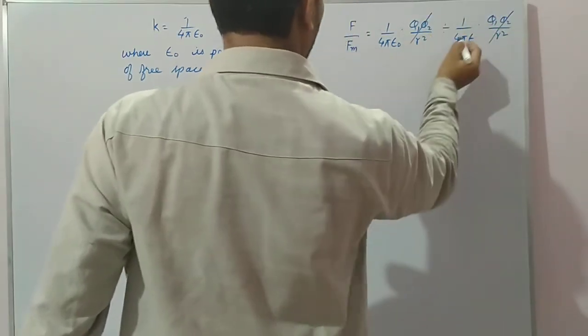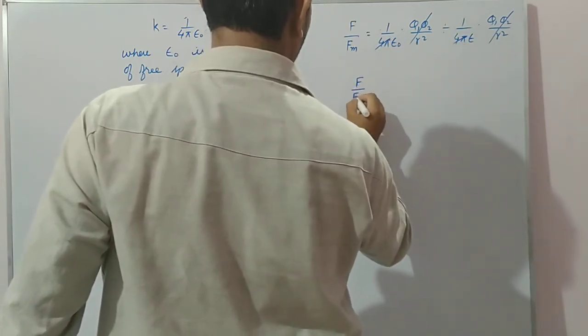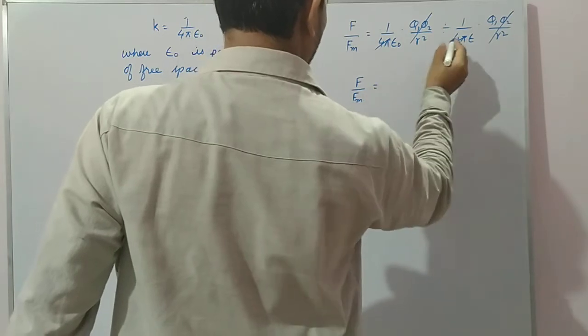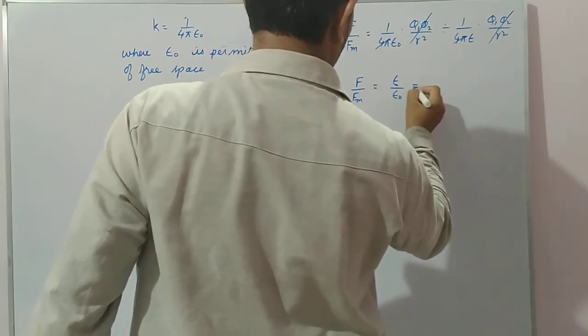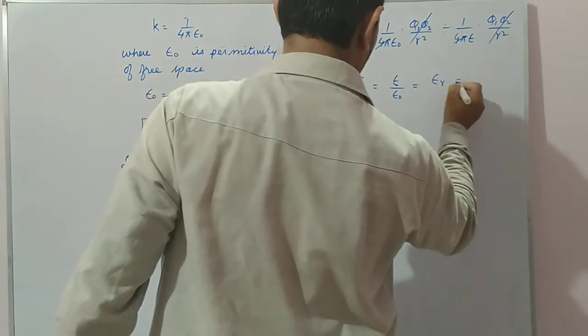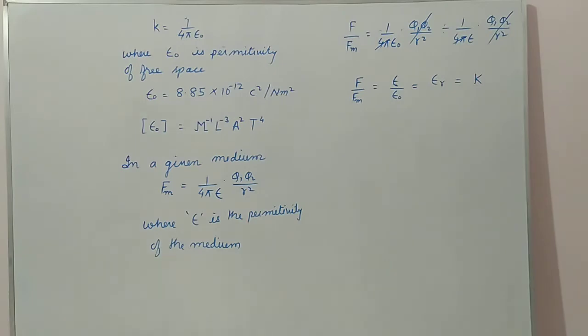The 4 pi will cancel out. You will get F by Fm equal to epsilon by epsilon naught, which is termed as epsilon R or dielectric constant K.